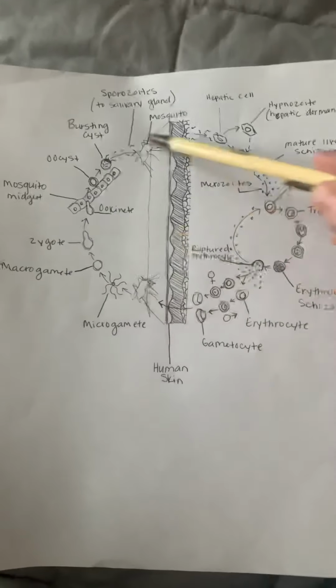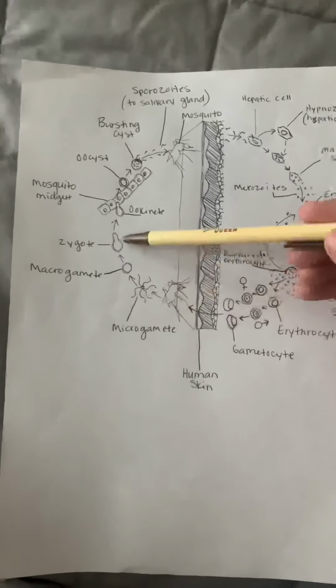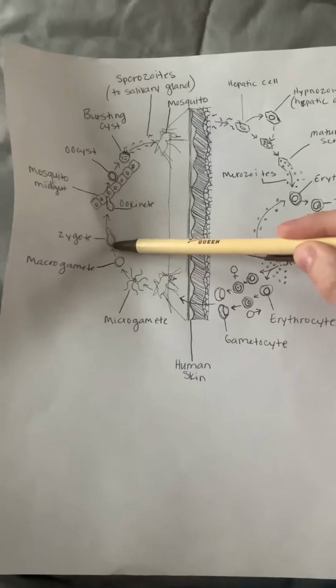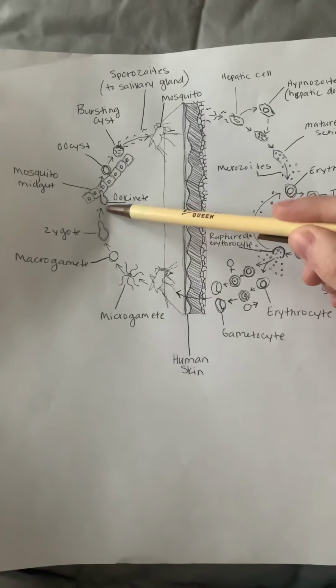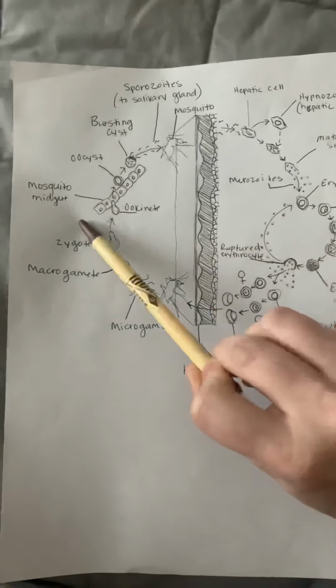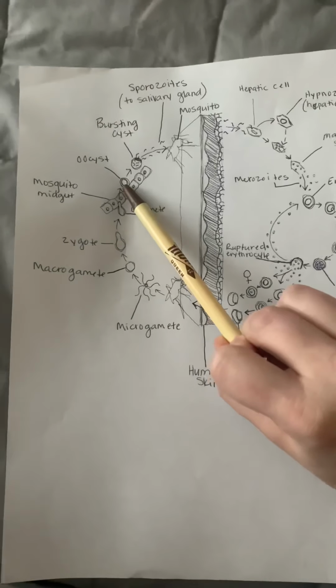So this is the cycle inside of the mosquito now. In the mosquito's stomach, the microgametes penetrate the macrogametes and produce zygotes. These zygotes become motile and elongated and develop into ookinetes. The ookinetes then invade the midgut wall of the mosquito, where they develop into oocysts.